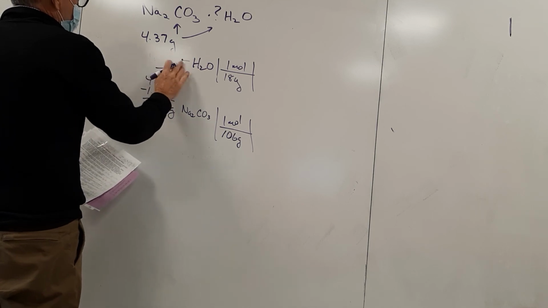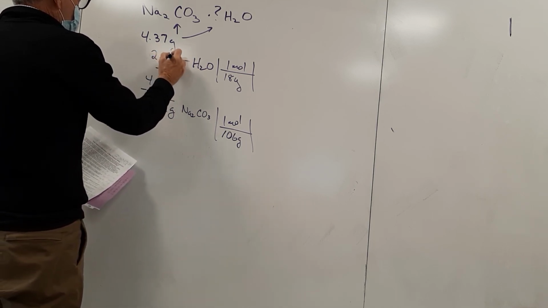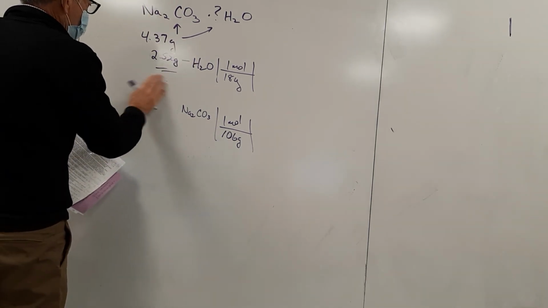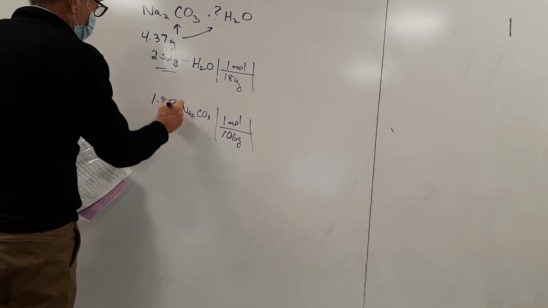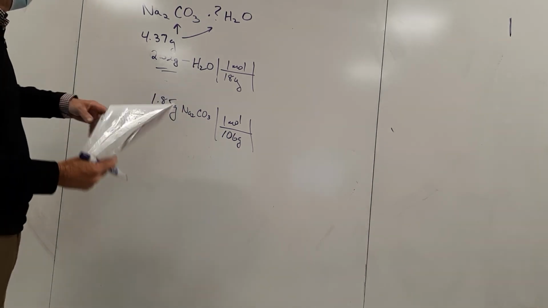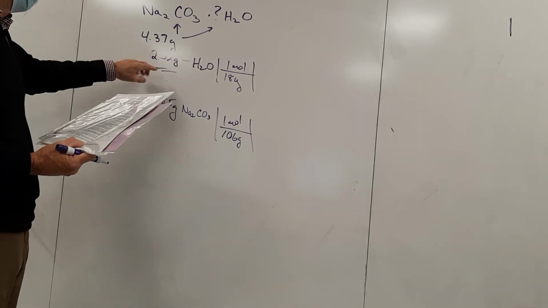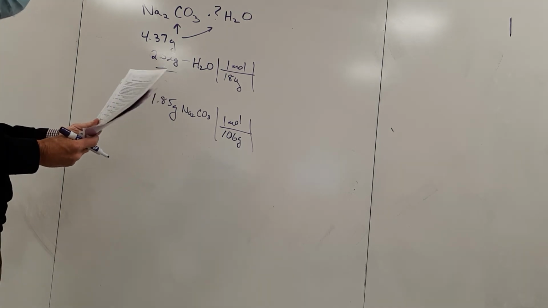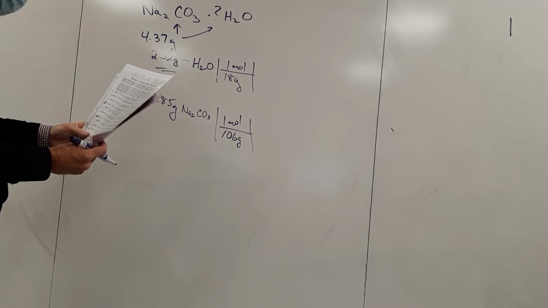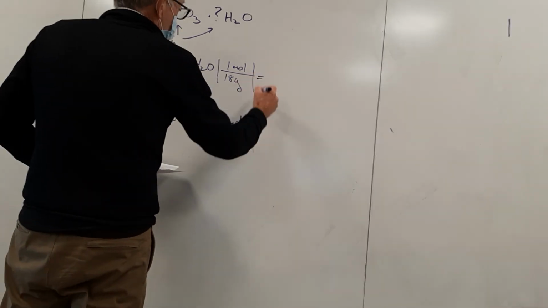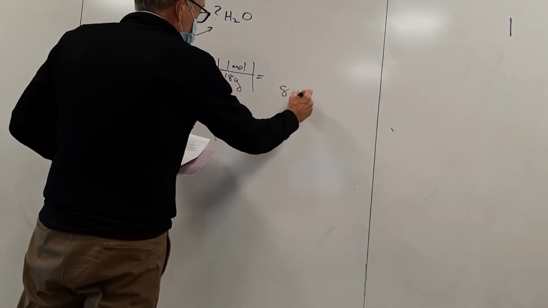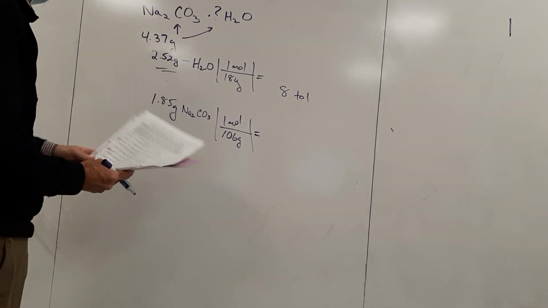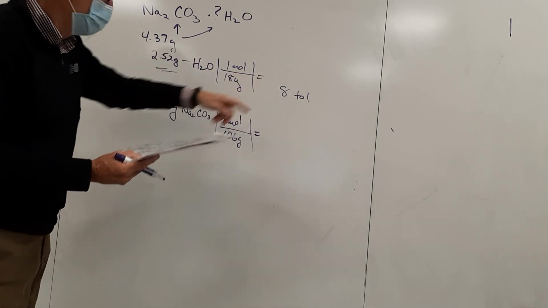This is wrong. 2.52 is the grams of water, because what was left was 1.85. So it was 2.52 grams of water that we lost, and 1.85 was how much of the anhydrous was left. And after doing this, for the moles of water in our empirical formula, we're going to find that we got an 8-to-1 ratio. Go here to here, and then those moles will be 8-to-1.